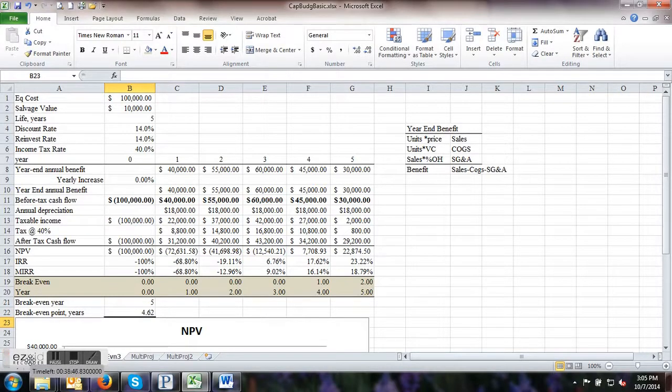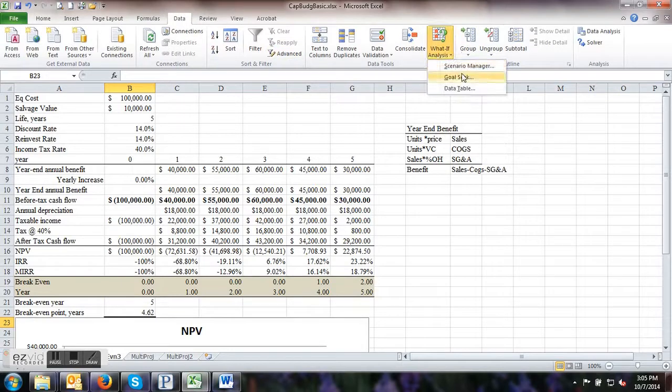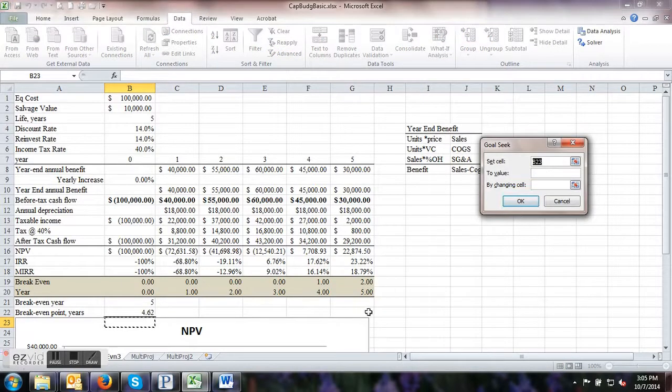And then one of the things we could do, for example, is come over to our Data tab, What-If Analysis and Goal Seek. And basically, we might want to set the break-even point to a value of, say, 3.2 by changing some change in sales.